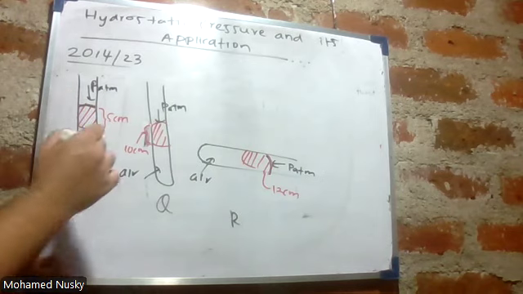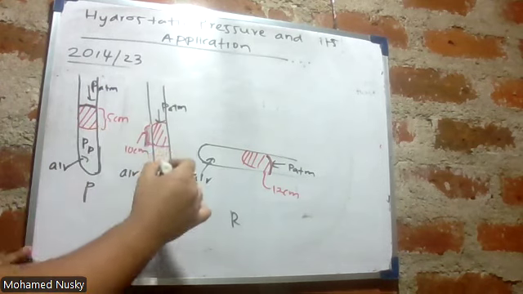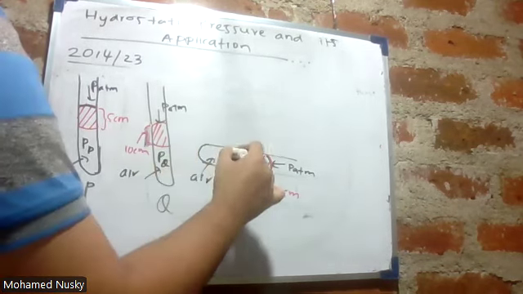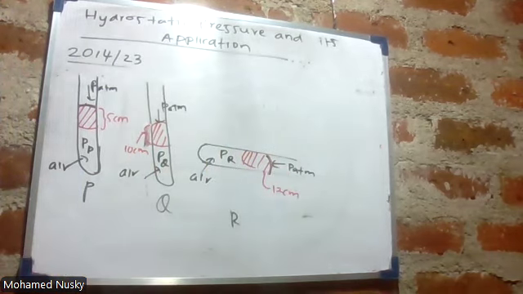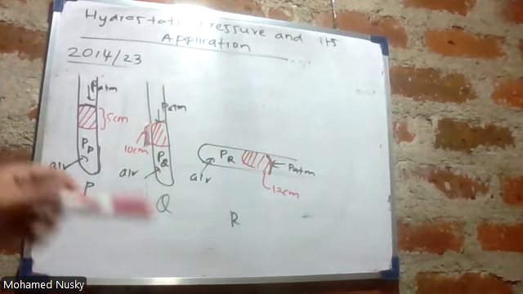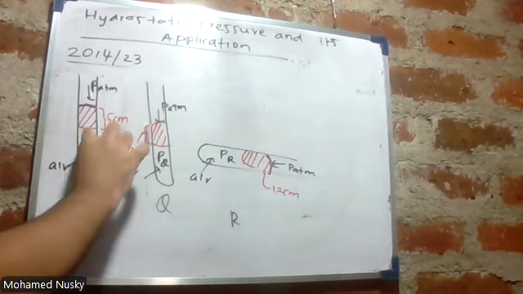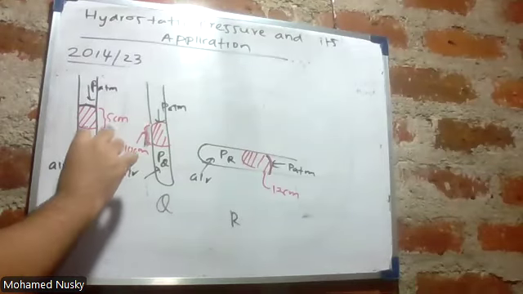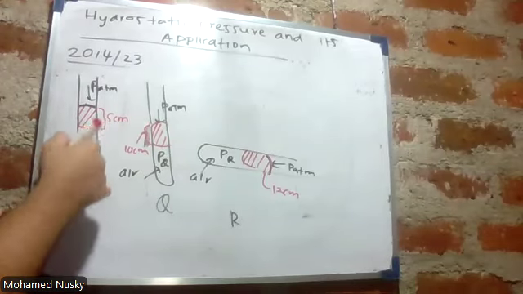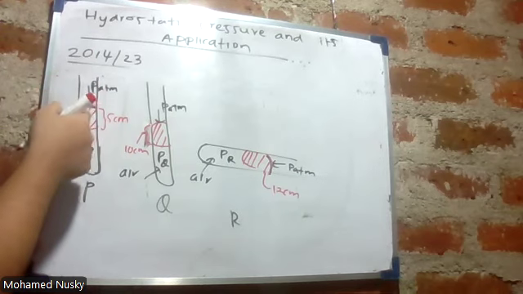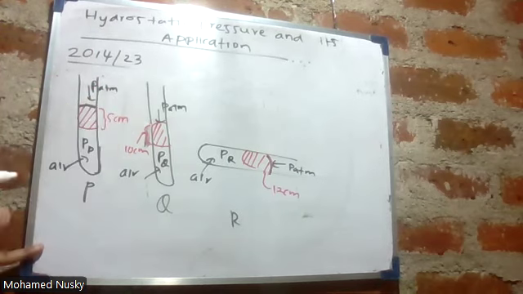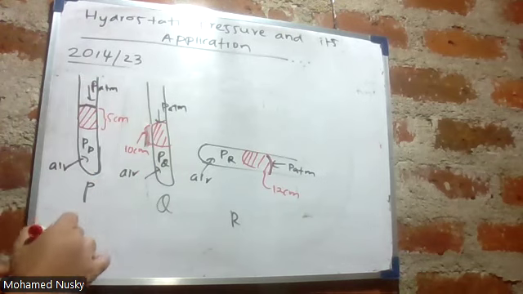Now let me take the pressure inside this as PP, and here as PQ, and here as PR. Now the pressure in this space is equal to the pressure due to atmosphere and the pressure due to this height of mercury.